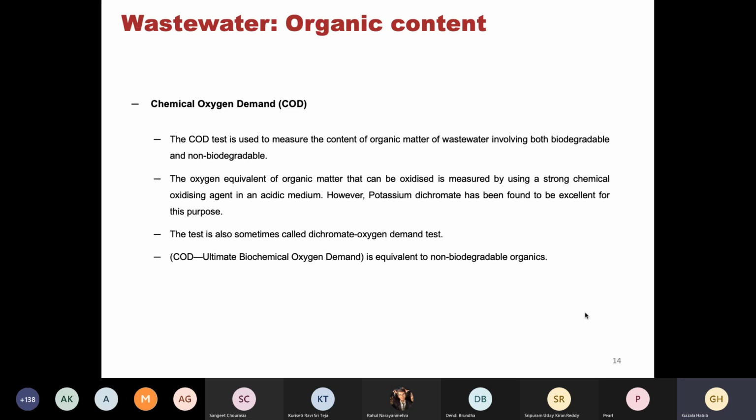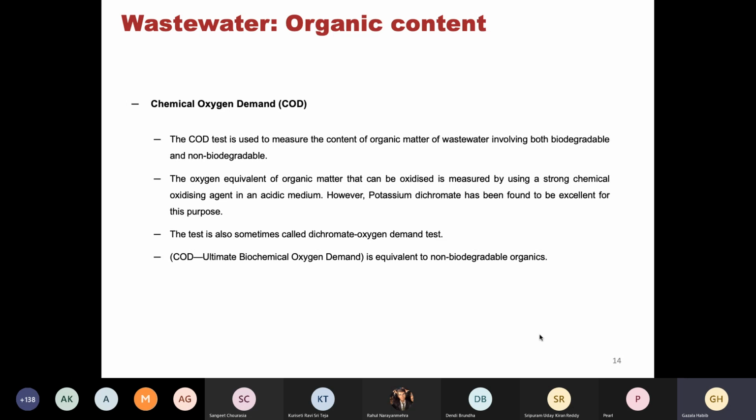Those organic matter can be determined only if we use a very strong oxidizing agent to oxidize that organic matter and convert it to harmless compounds. Because we are adding a chemical, this is known as chemical oxygen demand.